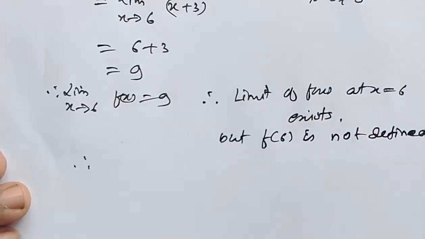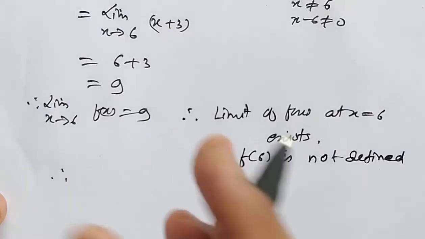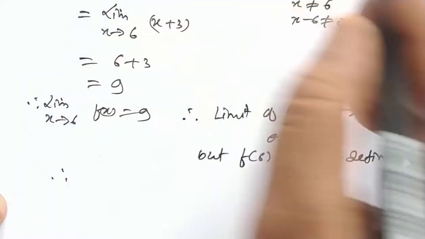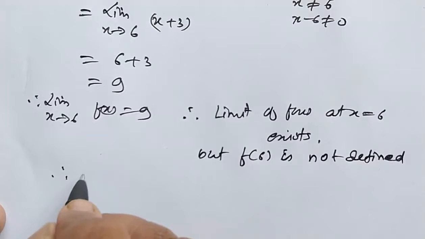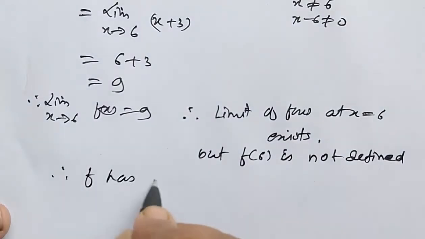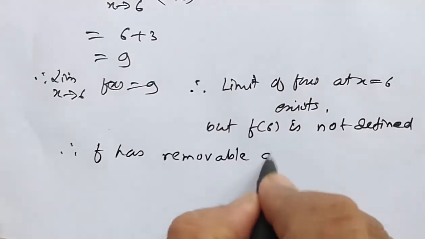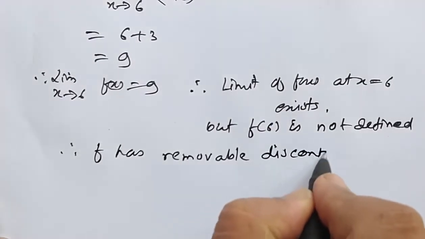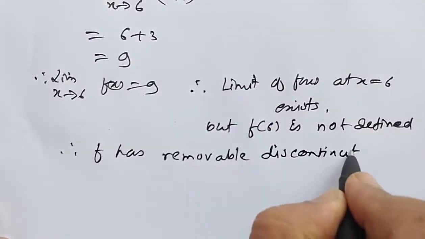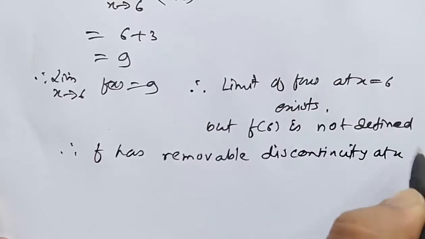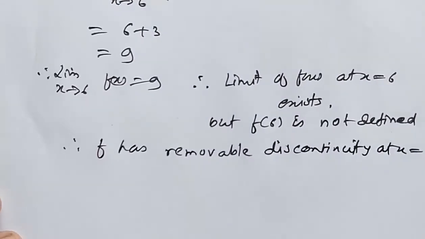Therefore, the given function has a removable discontinuity. Therefore, f has a removable discontinuity at x is equal to 6.